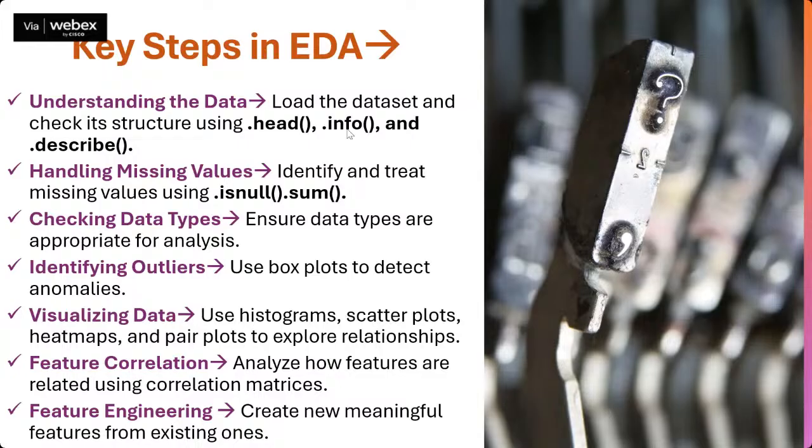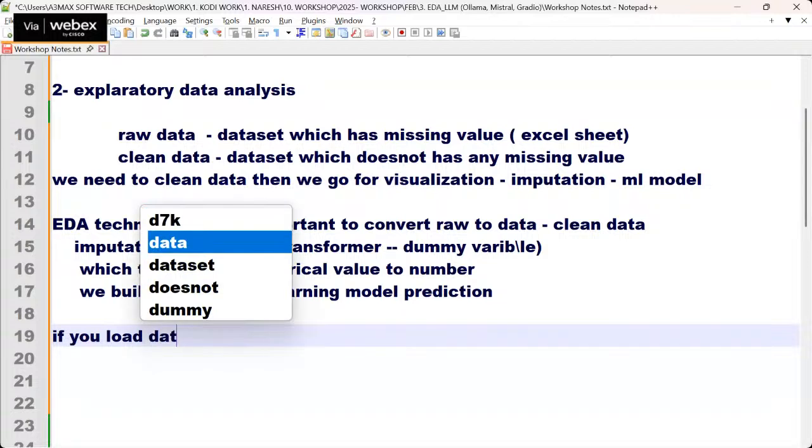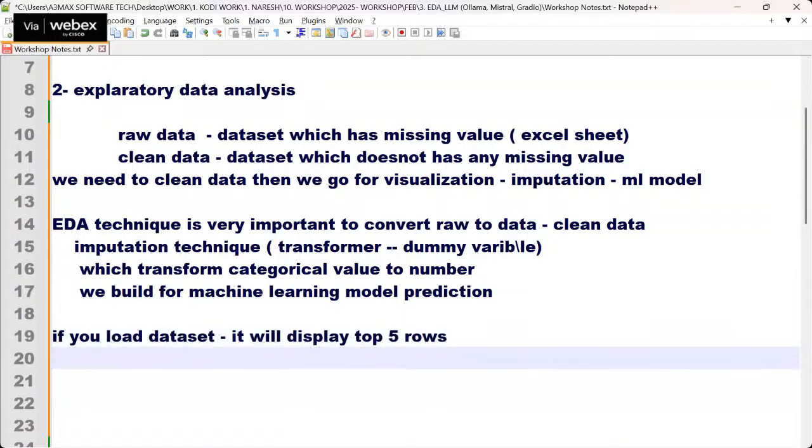Very good. What does info do? If you load a data set, head will display the top 5 rows, isn't it? What exactly does info do? It gives information of the data set.